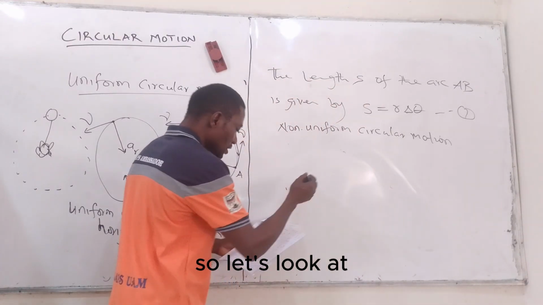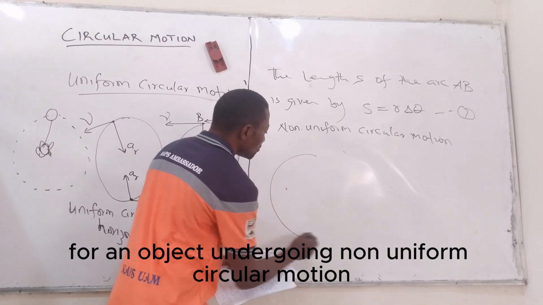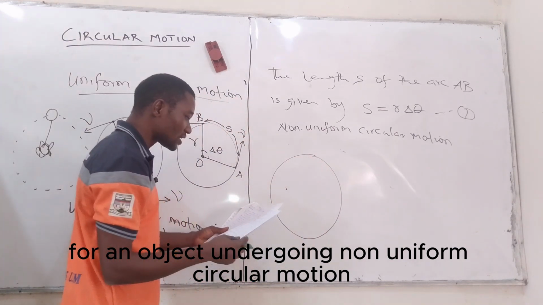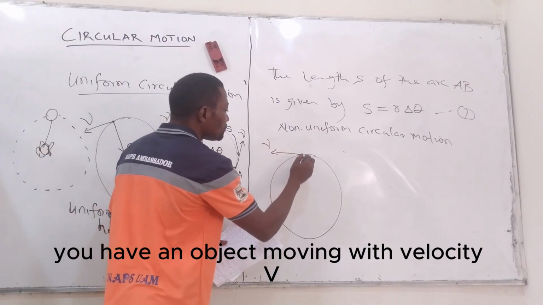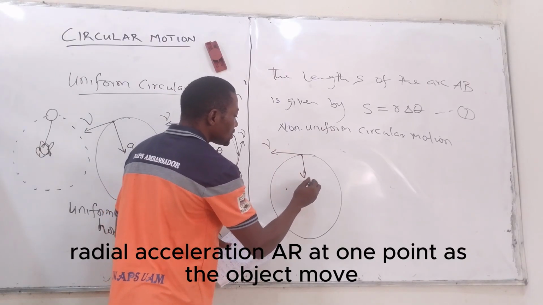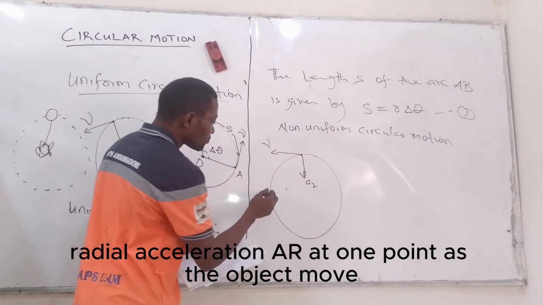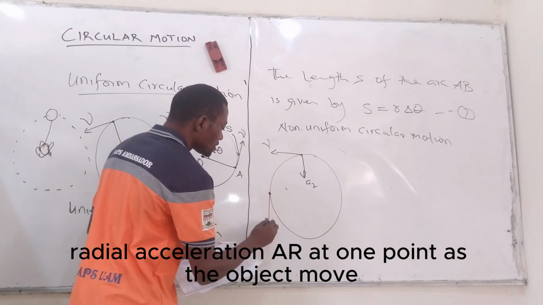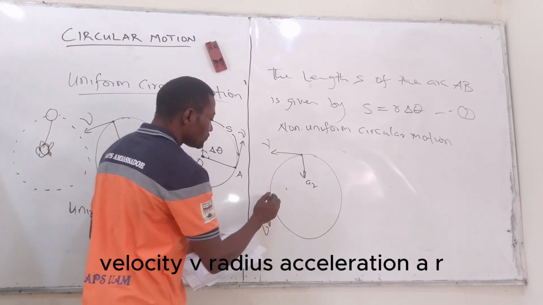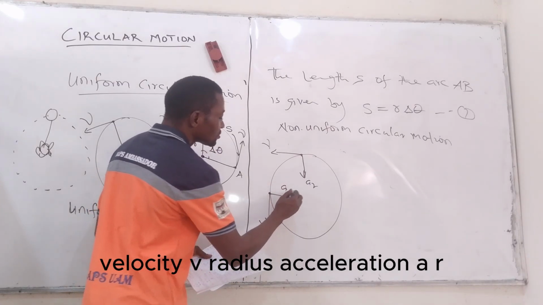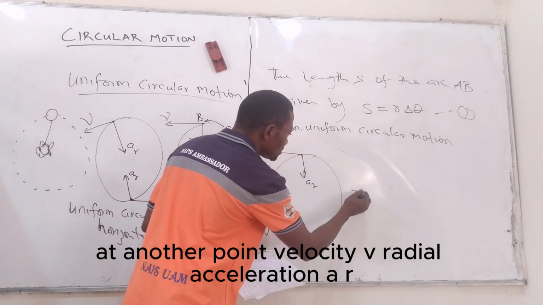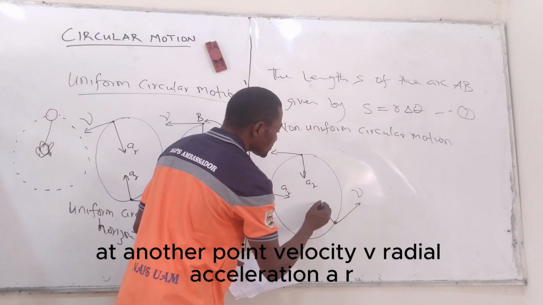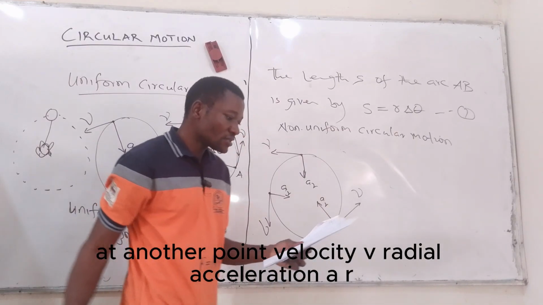So let's look at an object undergoing non-uniform circular motion. You have an object moving with velocity v, radial acceleration ar. At one point, as the object moves, velocity v, radial acceleration ar. At another point, velocity v, radial acceleration ar.